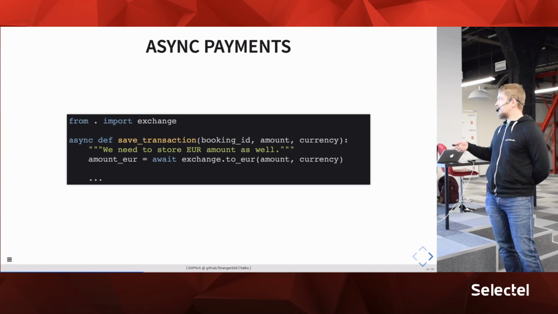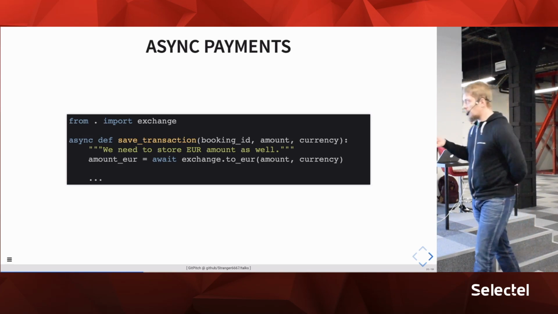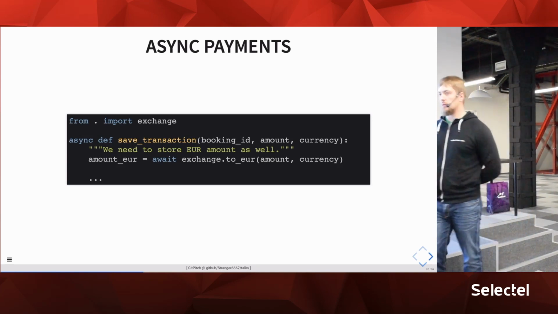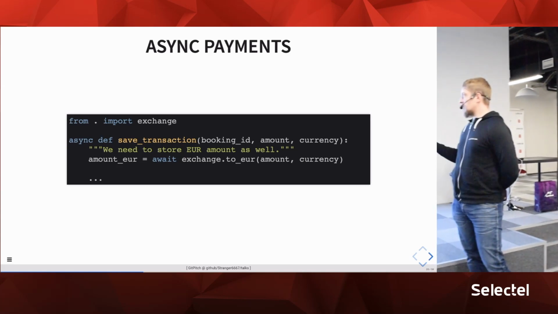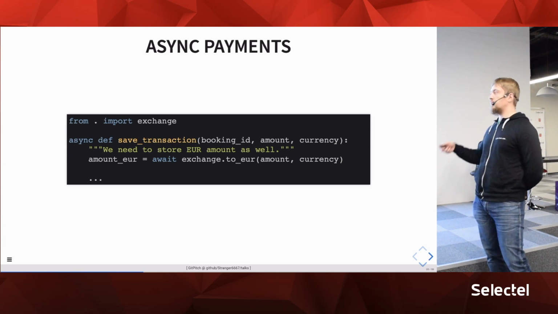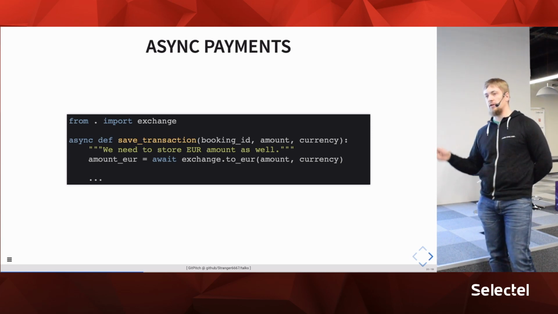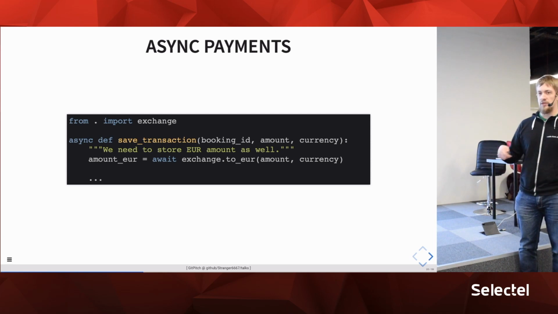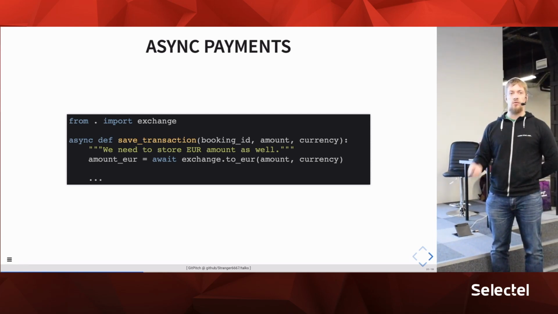So our other code should be adapted as well in some way. We just rewrite our save transaction function into a coroutine. We use await, and we pretend that the rest of the code for saving a transaction is working asynchronously as well.